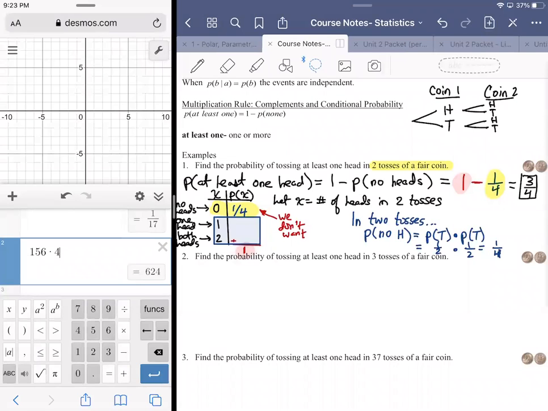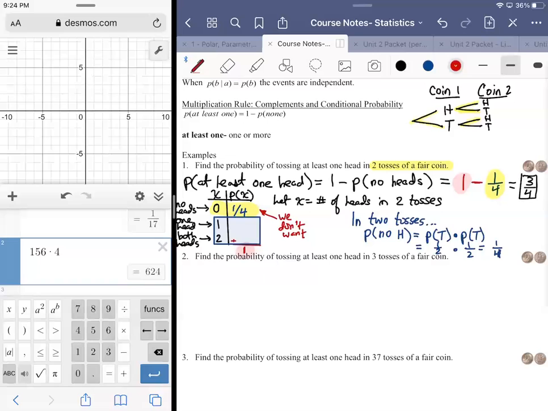If I want to know any instance in which I get a head somewhere in that distribution, doesn't have to be for both coins, just has to happen at least once, then what I would do is I'd just go down the pathways and I'd say, okay, well, any one of these is going to involve a head, and also this one. The one that doesn't involve a head would be the last one, right?